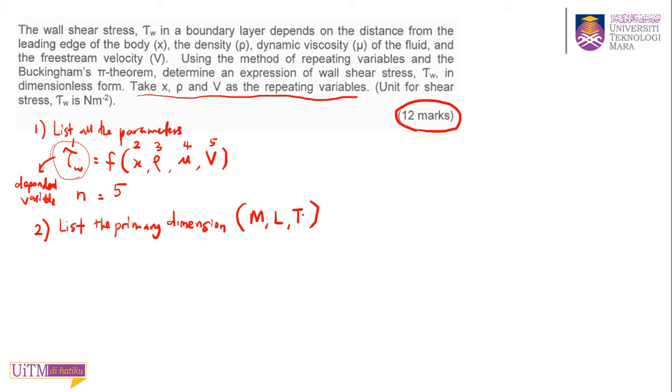So it is easy to remember: the second step is to list the MLT, or primary dimension, for your parameters. You have 5 parameters, so my suggestion is to draw a table for all those parameters, tau, x, rho, mu, and v, and list down the primary dimension for each.